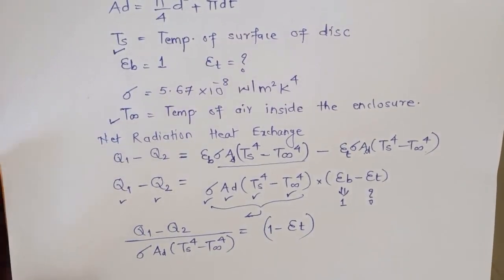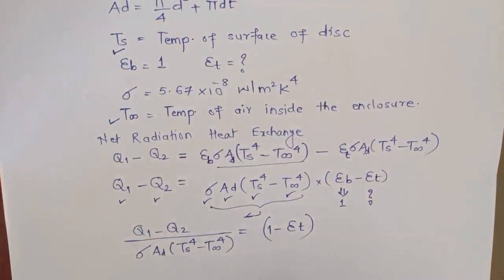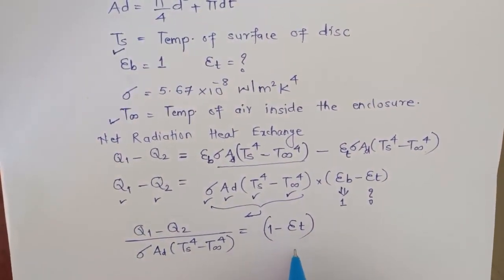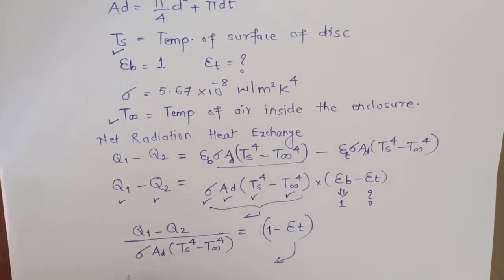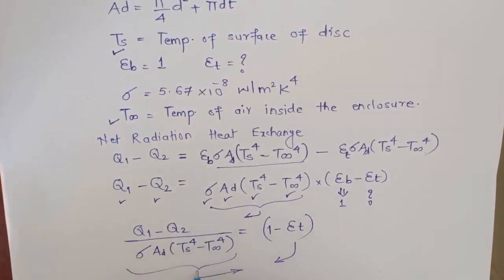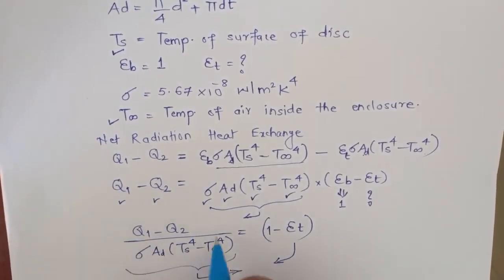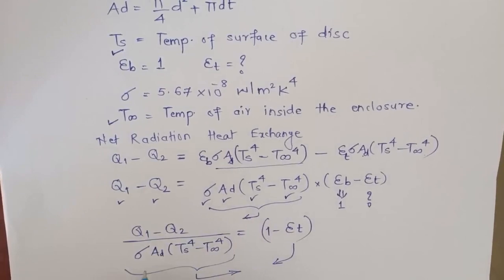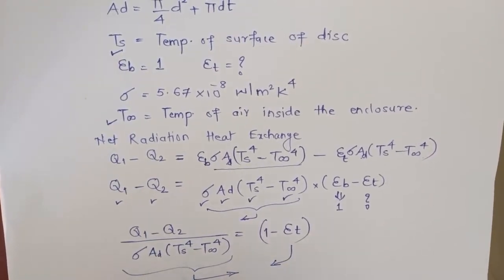All right, so what should we do now? Because this is negative emissivity, we will take it to that side, and this entire term we will take to the other side, so that this entire term will be subtracted from 1, and only the emissivity of the test surface will be on the left hand side.